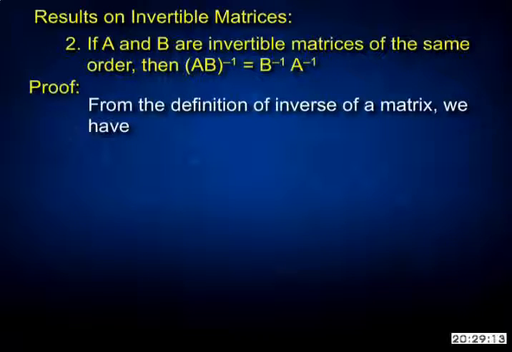Now the second important result of invertible matrix is that if A and B are two invertible matrices of the same order, then the inverse of product of matrices A and B is equal to B inverse into A inverse.